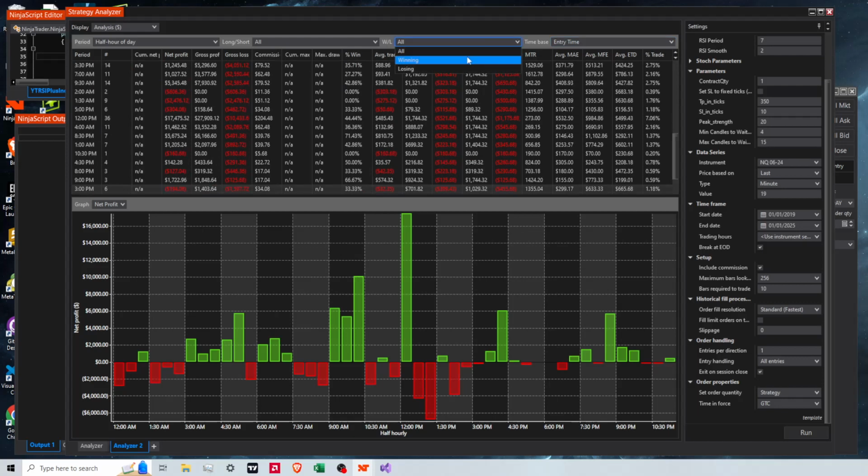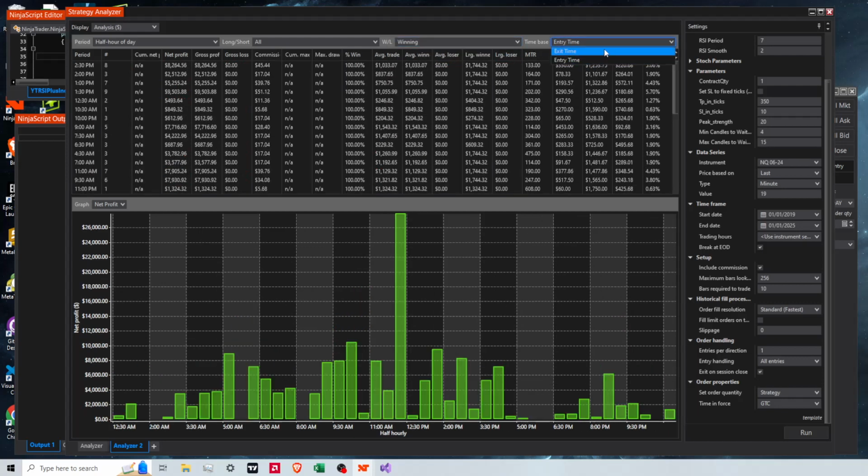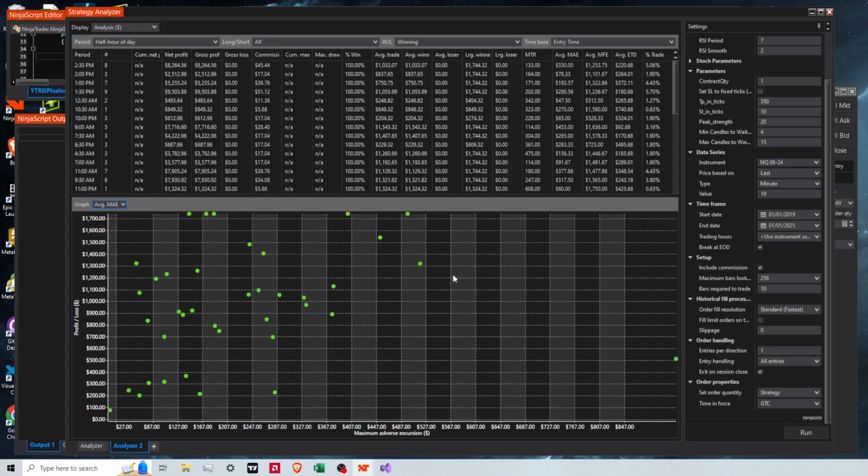And then let's see our winning trades. Max adverse excursion. Yeah, this looks like they're usually not in a lot of drawdown, but we can say, if a trade goes past $530 in drawdown, then to just close it then.